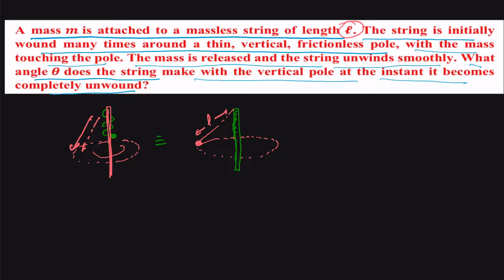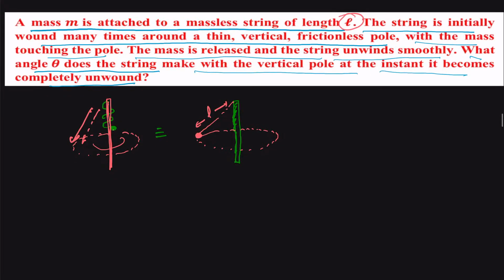So let us assume that it is making an angle of theta with the vertical, and if T is the tension in the string, with this angle theta, we get T cos theta vertically and T sin theta horizontally, and mg vertically downward.